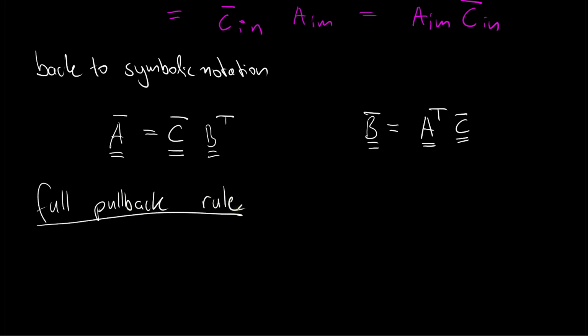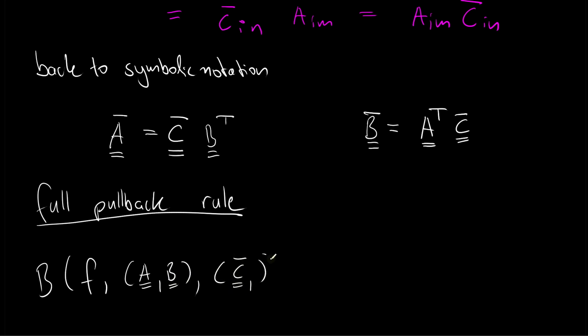And then finally we can write down the full pullback rule for the matrix multiplication, which is what you would implement in your automatic differentiation engine. So the pullback on the function f, which we associated as the matrix multiplication, takes the primal inputs a and b, as well as a cotangent input on the output c, and then it computes first the primal output a times b, so this will be our matrix C, as well as cotangents on both of the inputs.